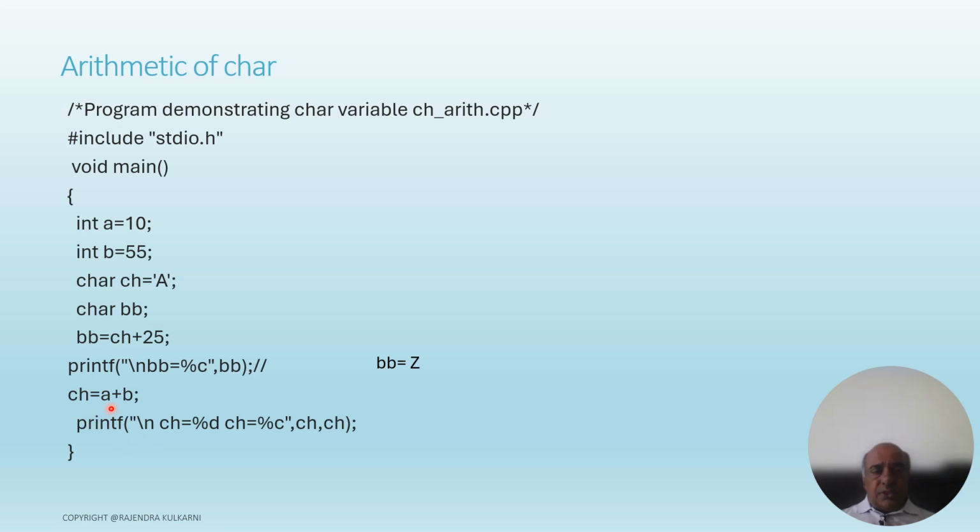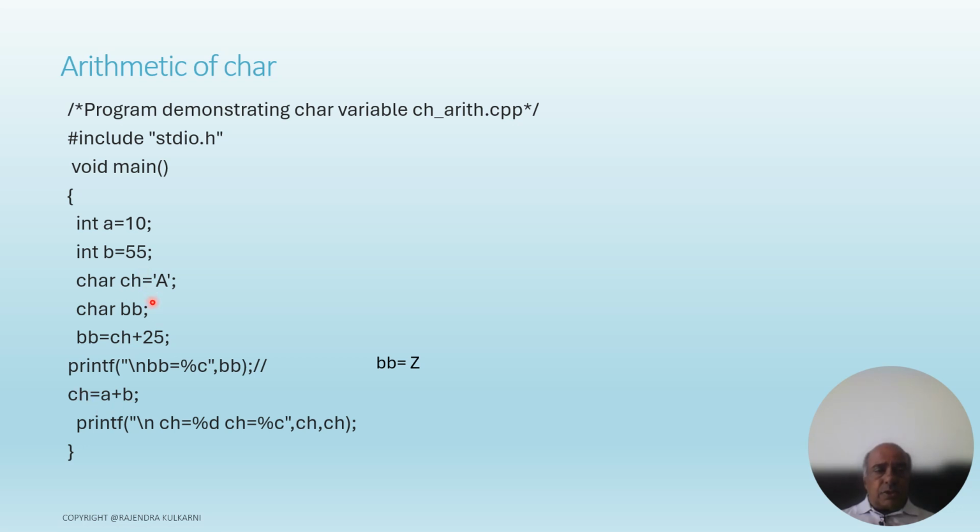Now in this statement ch is equal to a plus b, what are we doing? To ch there is an arithmetic expression a plus b, the result of which will be assigned to ch.